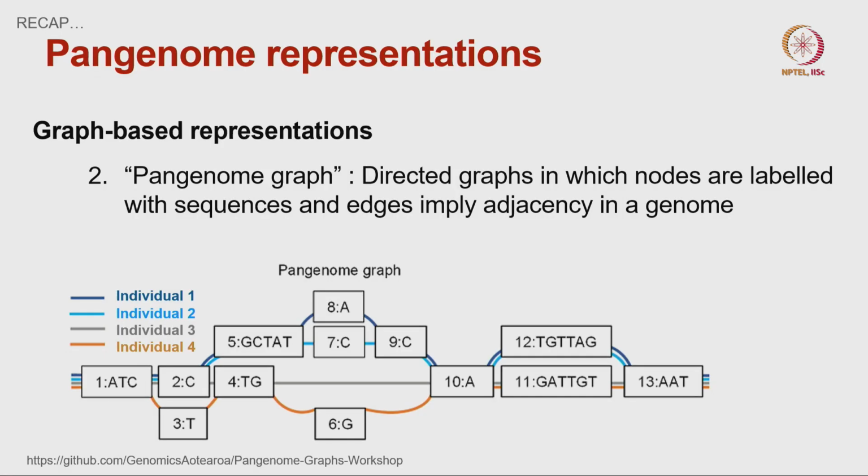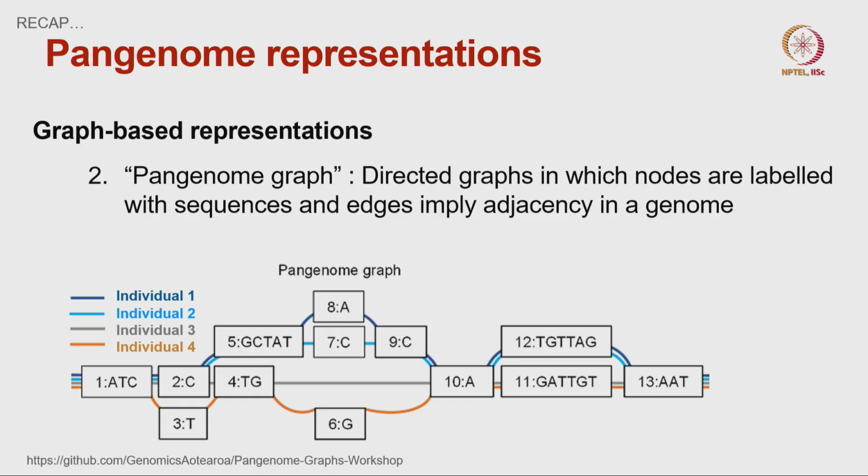So if you remember from the last lecture, we discussed various graph based representations for representing a collection of genomes. For example, one definition we looked at was the pangenome graph, a directed graph in which the nodes are labeled with sequences and edges imply adjacency in a genome.